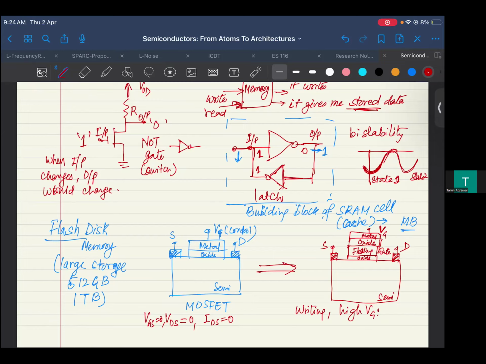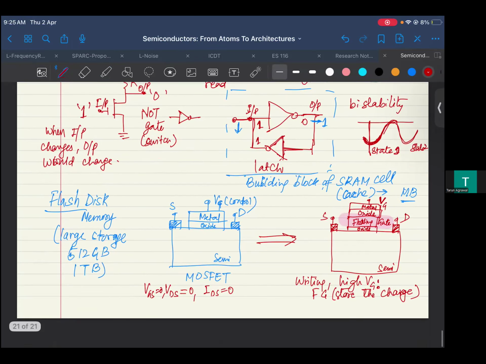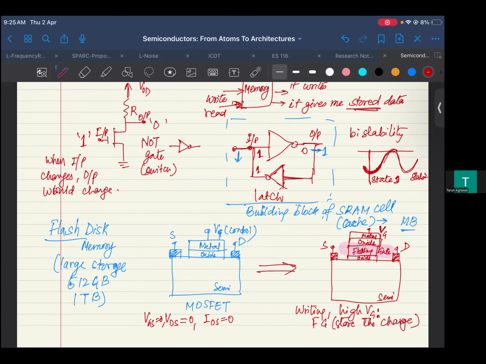What happens when you apply high VG is that your floating gate, which I would call the FG, this is your floating gate, basically stores the charge. How does it happen? All of that we will see in the operation video of a flash cell.